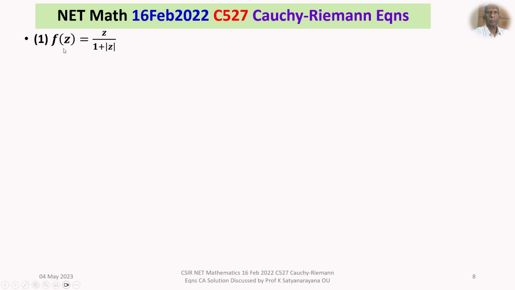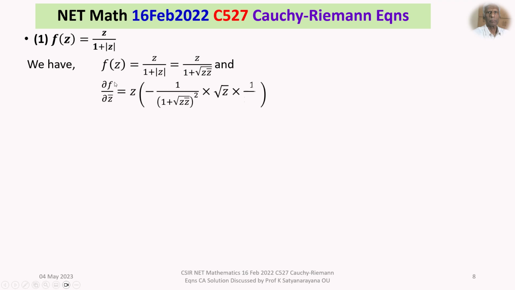That is f(z) = z/(1 + |z|), and |z| is the square root of z z bar. So we have f(z) = z/(1 + √(z z bar)). Now take the partial derivative with respect to z bar. So you are differentiating partially with respect to z bar, so z works out as a constant.